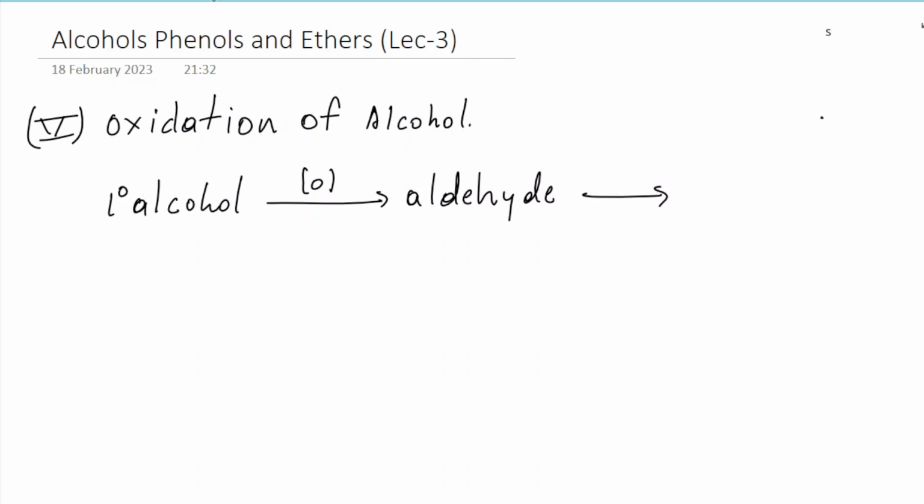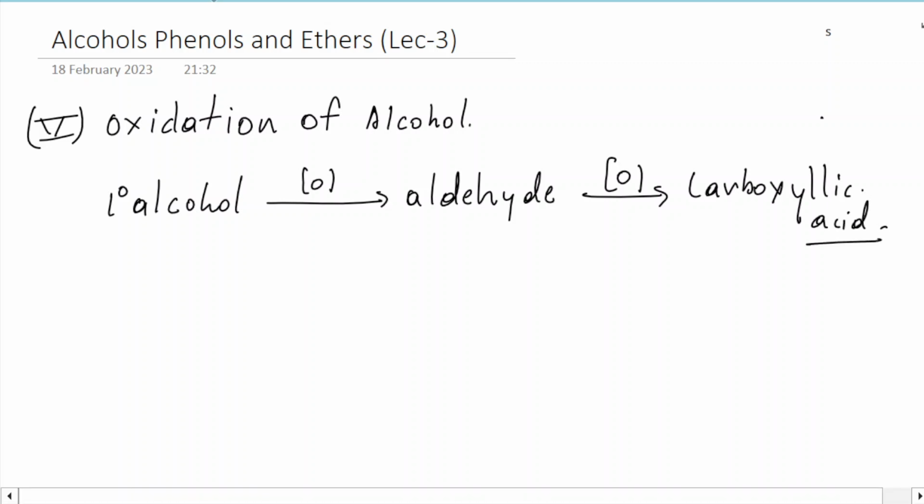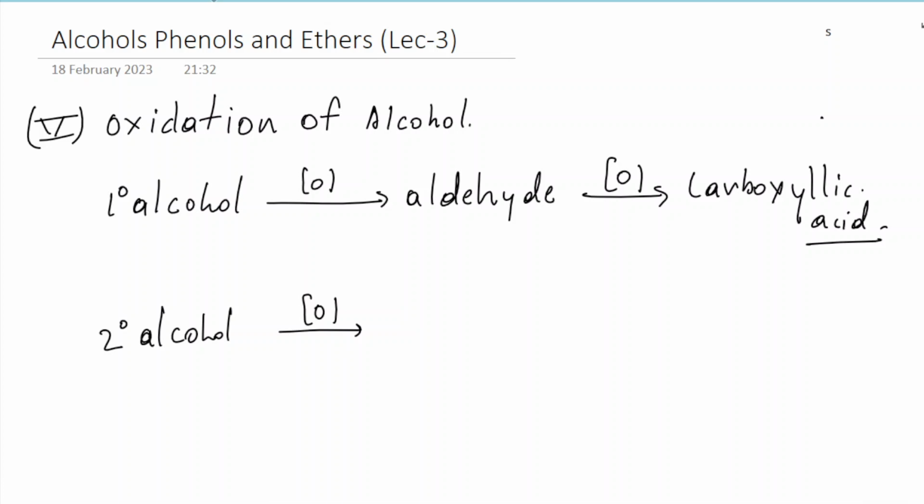Aldehyde on oxidation will yield carboxylic acid, and if it's a secondary alcohol, then on oxidation it will yield ketone.